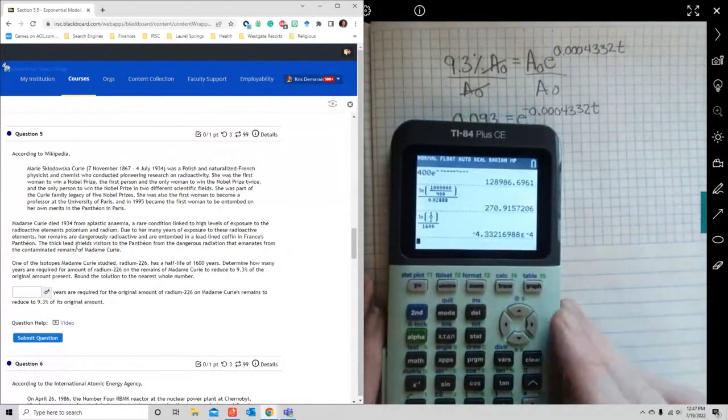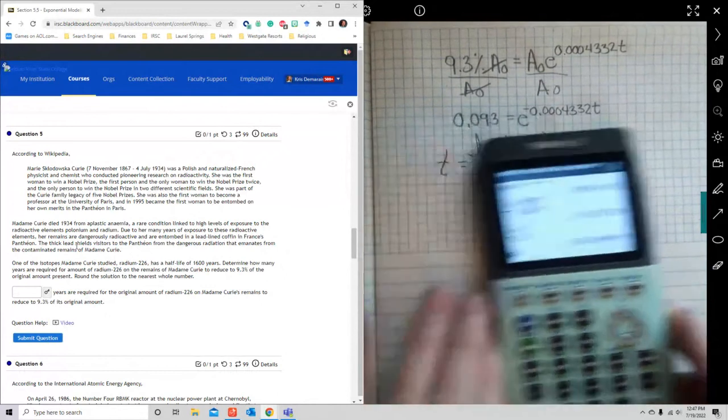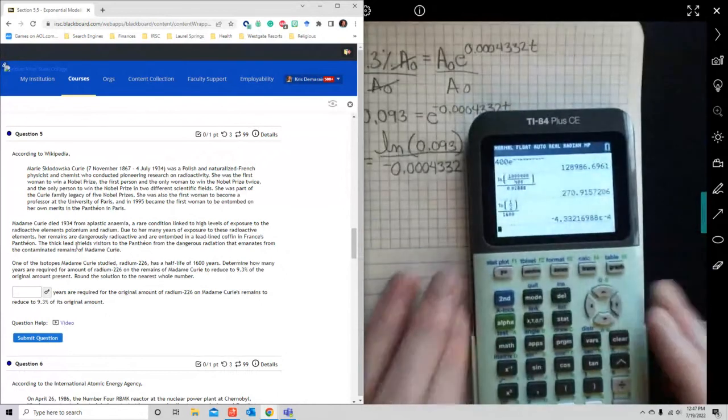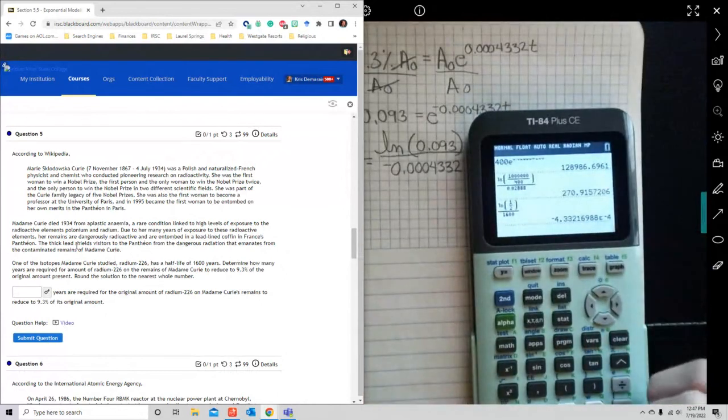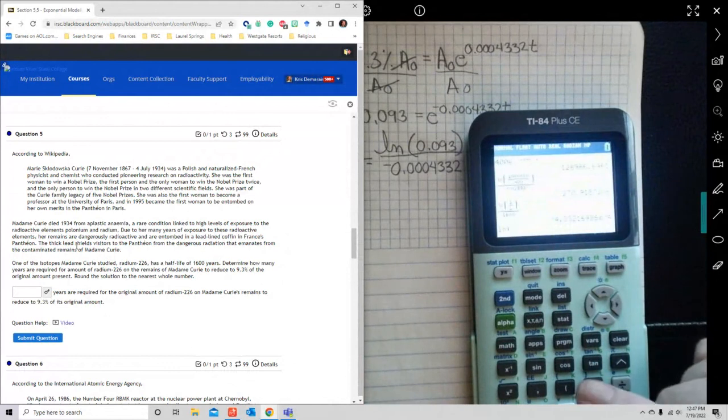Now, I punch that into my calculator. I'm going to do ln of 0.093 divided by negative 0.00043332.